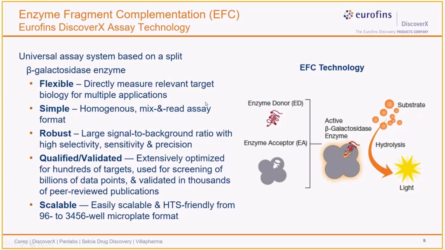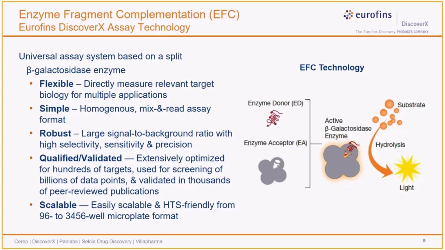So the PathHunter assays are engineered to express one or both of these specific fragments fused to a protein, at least one of which is your target of interest, the protein you're trying to target. The other is localized to an organelle like the membrane or the endosome or some cellular compartment, for instance, for other types of translocation assays.